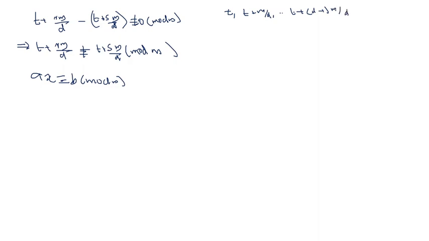That means we have to prove that any other solution must be congruent to one of the d solutions. So we consider a solution y. Let y be a solution of ax congruent to b mod m.